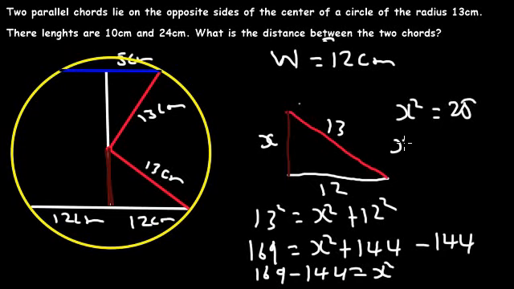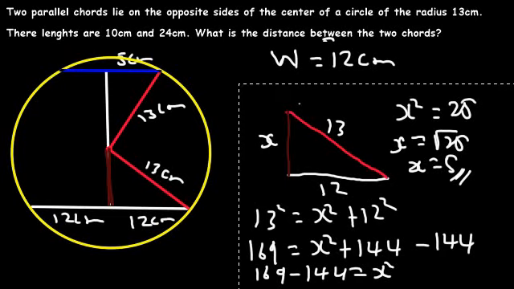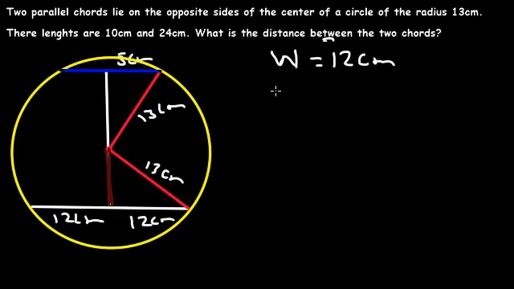Now we can take the root of both sides and we have x equals 5. So x is 5 for brown. Now we have everything we need. So brown is equal to 5 centimeter.